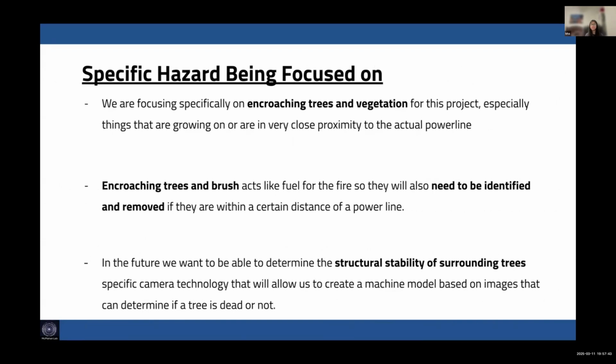This is important because it is really important to make sure that these trees and brushes won't collapse onto a nearby power line during high winds or other unstable weather conditions. Invasive vegetation could create a short circuit or damage the poles, and our drone tries to assess these risks to reduce such chances.